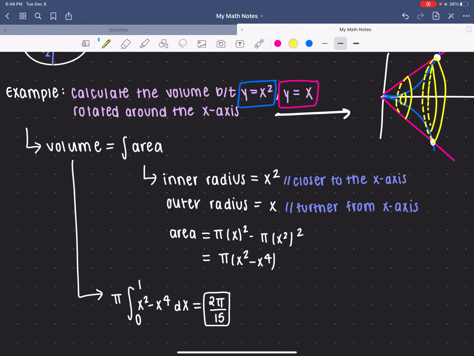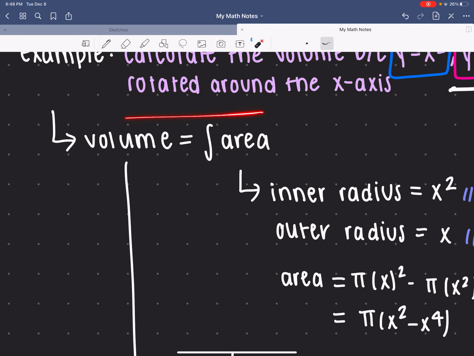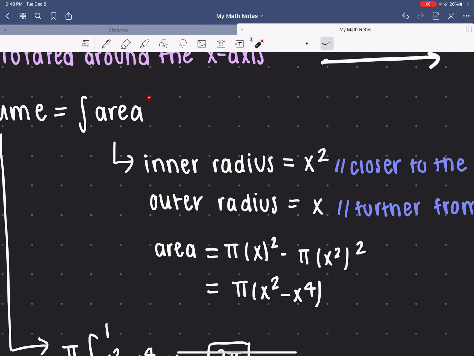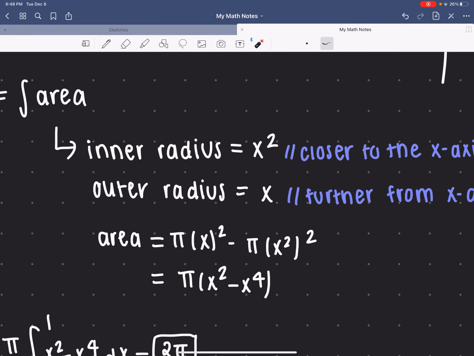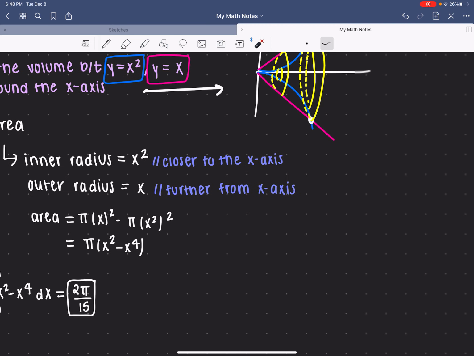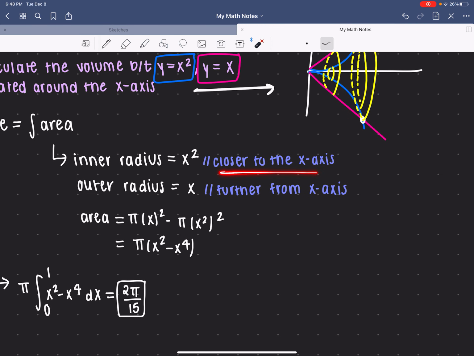So the first thing we want to do in solving these questions is realize that volume is just the integral of area, and it's much easier to find area. The first thing we want to do is find the inner radius. The inner radius is always just the radius closer to the x-axis, or in any question, the axis that you're rotating around, which is the x-axis in our case.